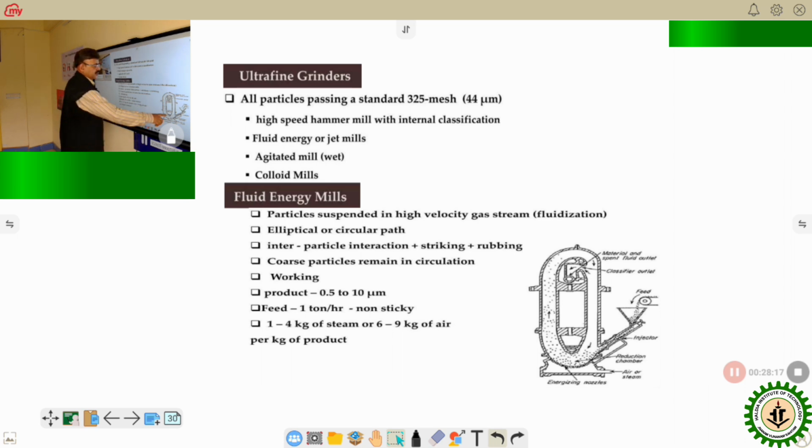During the journey, the material to be ground will be colliding with each other and also with the wall. So ultimately, we will get very fine particles. That's why it is called the ultrafine grinder. This one is the picture of a fluid energy mill.